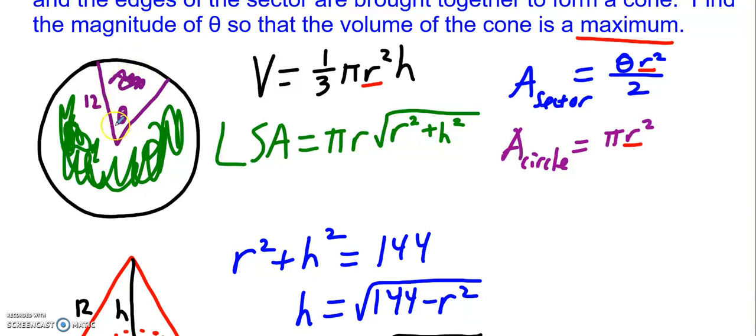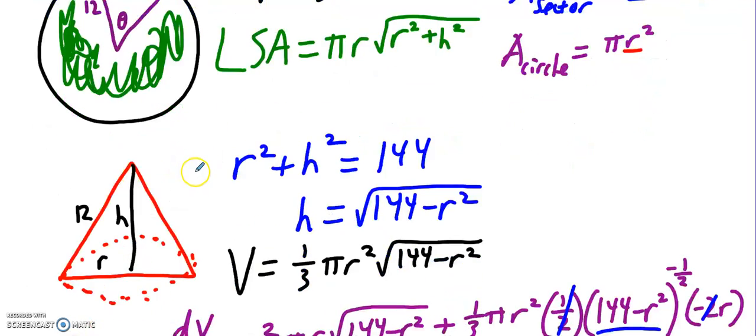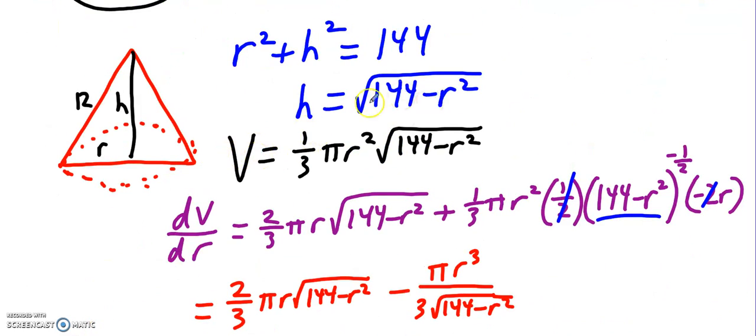Because as soon as I cut out the sector and then fold this together, now that becomes the lateral surface area. So the big relationship that I tried to emphasize beforehand, and that we're going to look at later on once we find the maximum volume, is the fact that the lateral surface area plus the area of the sector equals the area of the circle. Okay, back down here though.